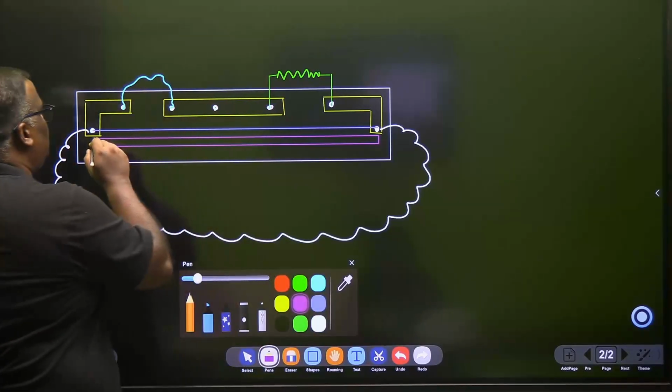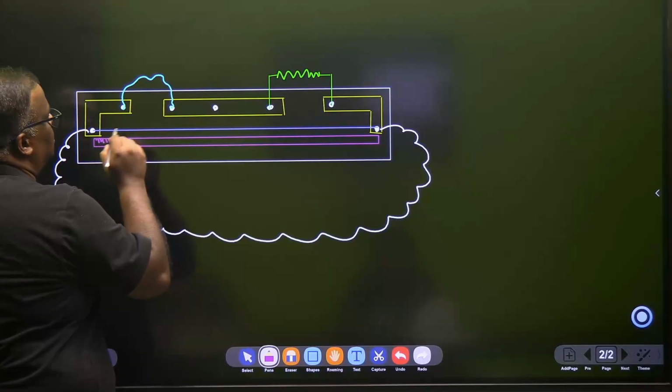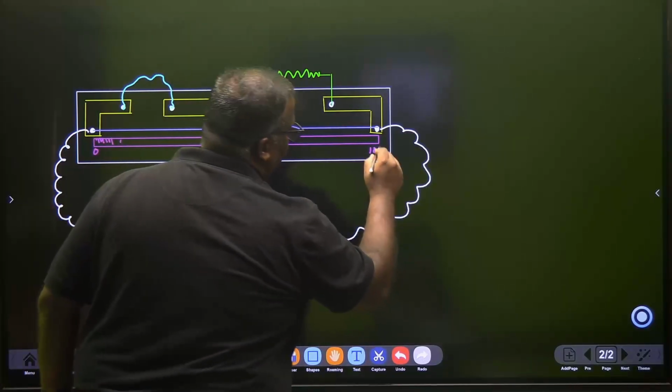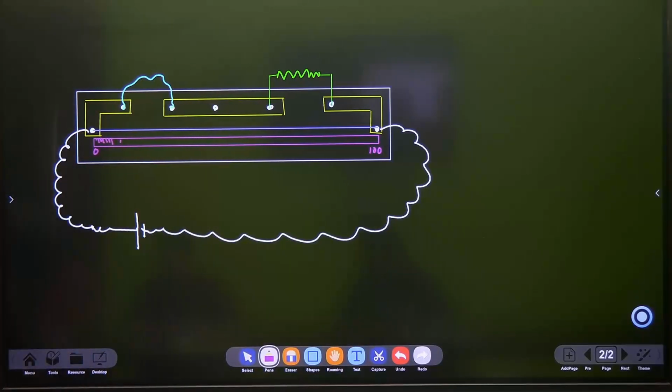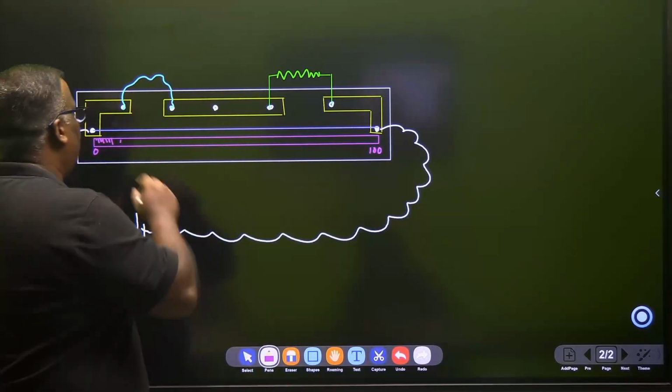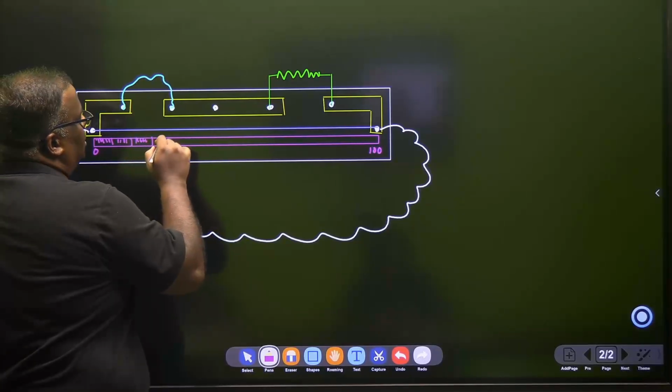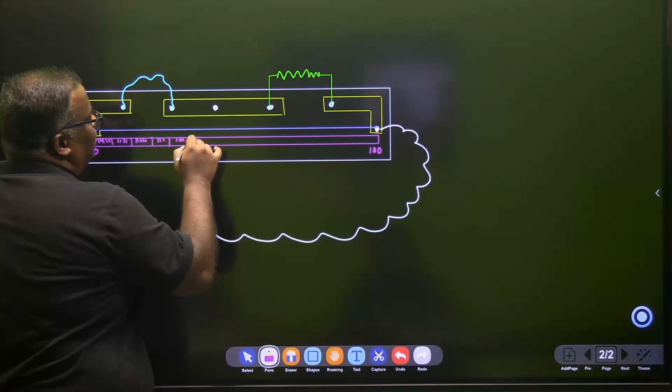This ruler will be marked in centimeters. It starts from 0 and ends at 100 centimeters. Is this understood? And this wire is exactly 1 meter long. That's why this is known as a meter bridge.